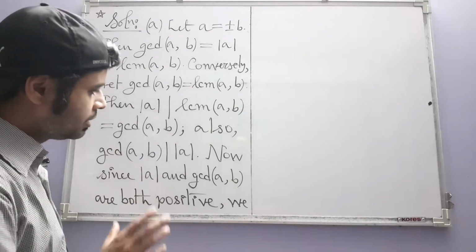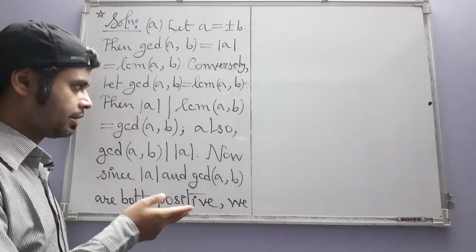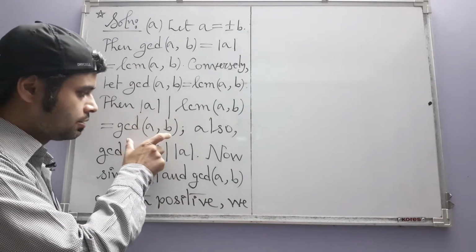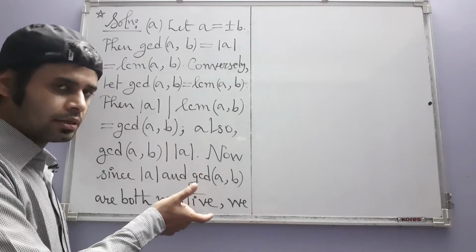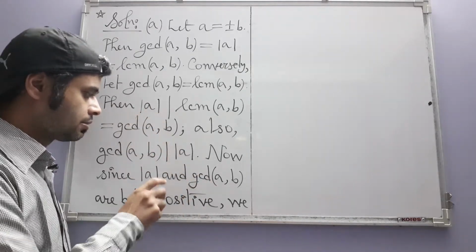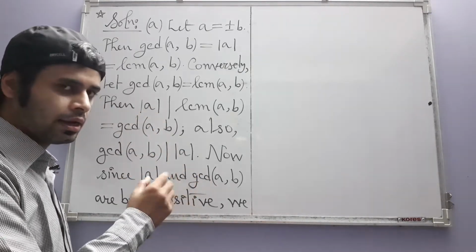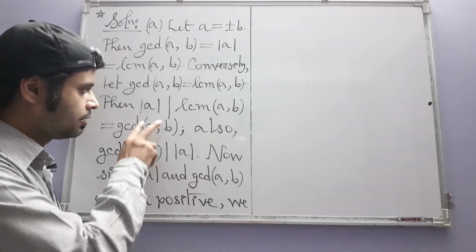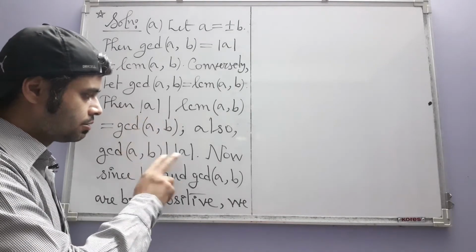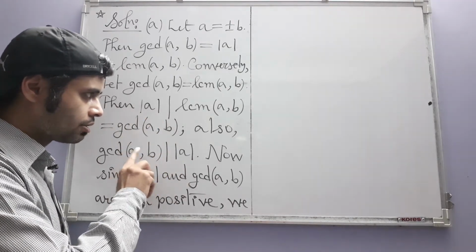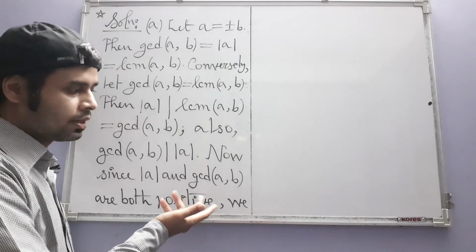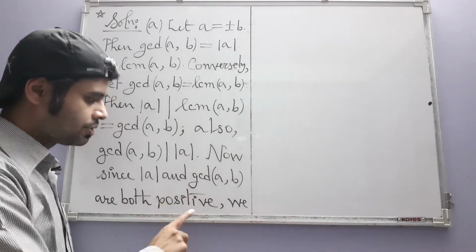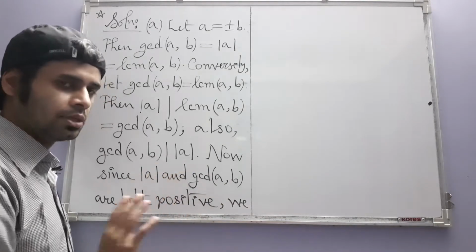What do we normally have when we have two relations like this? This is dividing this, and the other thing also, that is, this is dividing this. The normal conclusion from two such divisibility relations is that one of them is either equal to the other or the minus of that. However, the numbers we are dealing with here are both positive, and that is why they must be equal.